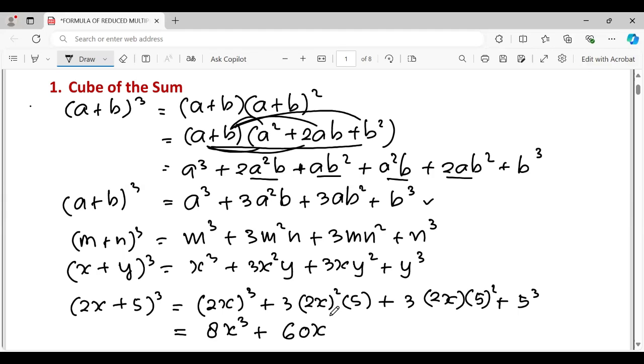So 60x squared. And we're going to calculate this term: 3 multiplied by 2 multiplied by 25. It's 6 multiplied by 25, 150x plus 5 cubed. 5 cubed is 125.